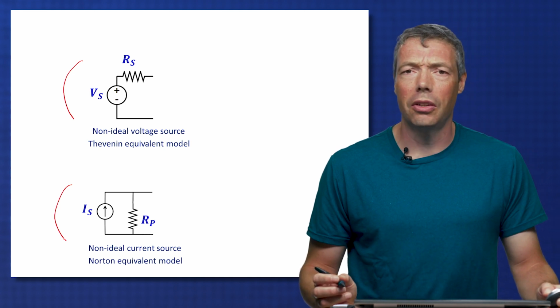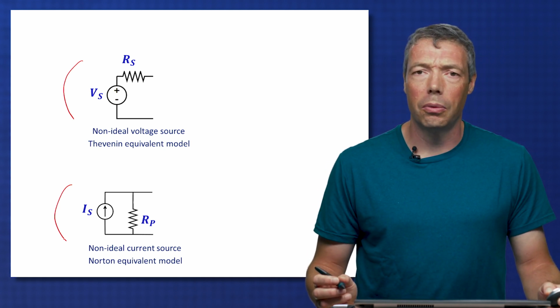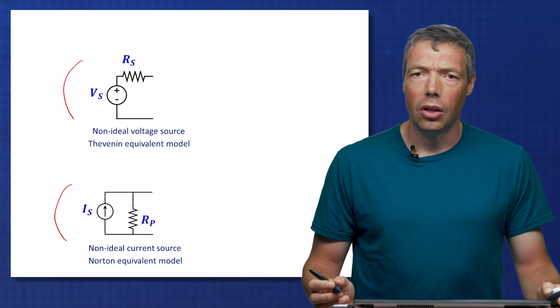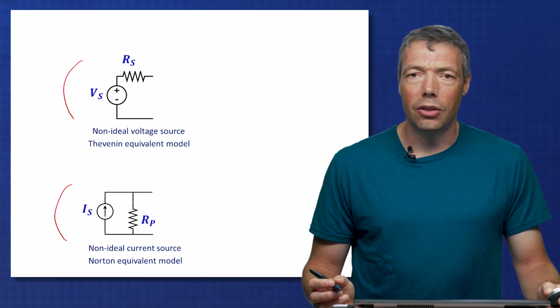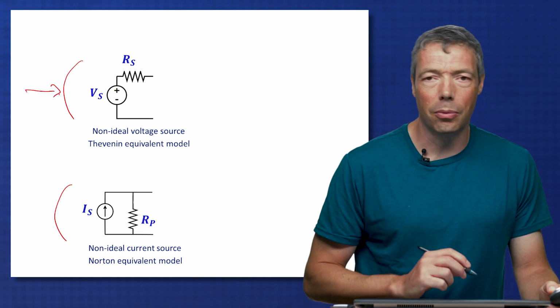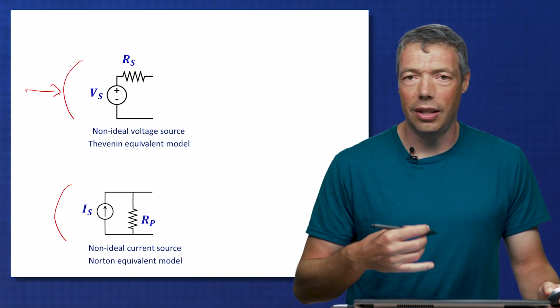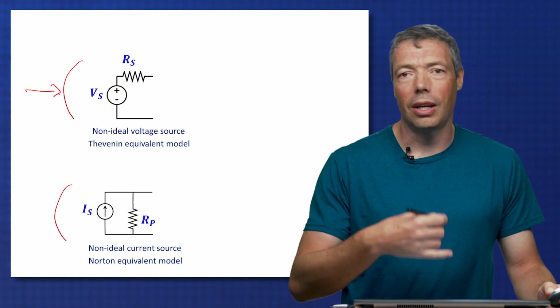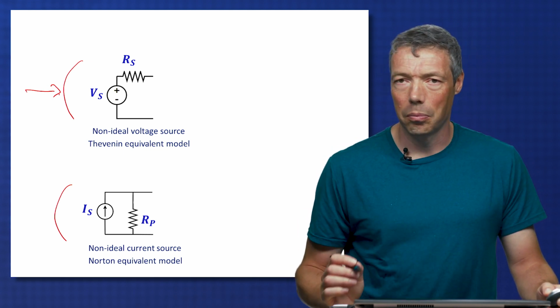And I can follow the same methodology I used when I was talking about Thevenin and Norton models. So basically, I could calculate the Norton model for the circuit at the top to get the bottom circuit, or I could calculate the Thevenin model of the circuit at the bottom to find the top circuit.